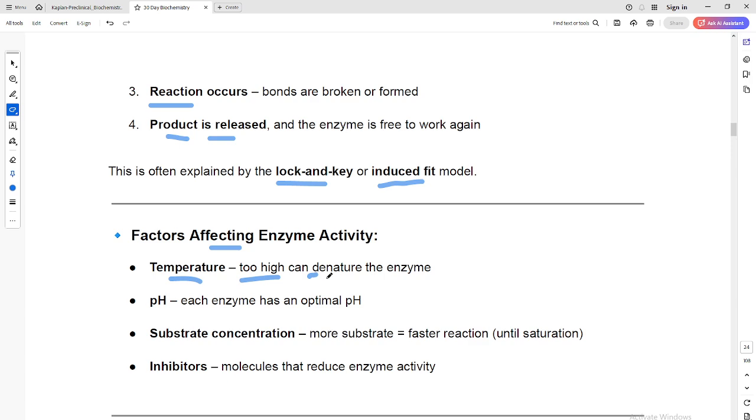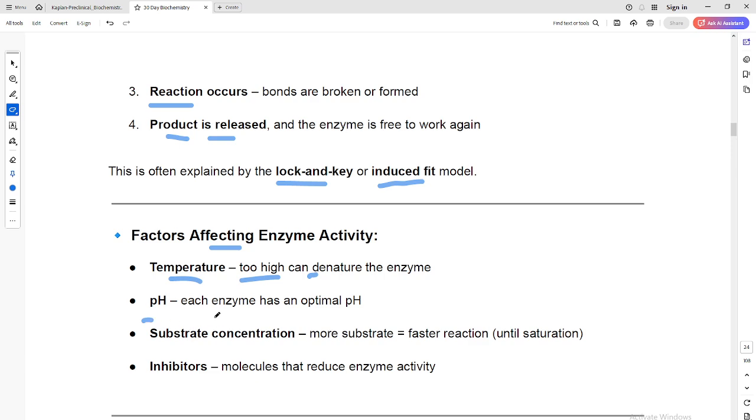So this enzyme loses its three-dimensional structure, which its function depends on. So high temperature denatures the protein, it loses its 3D structure, and loses its function as an enzyme.